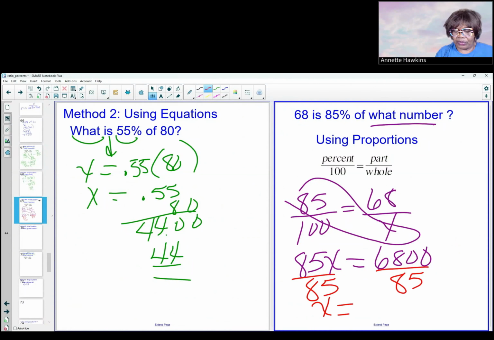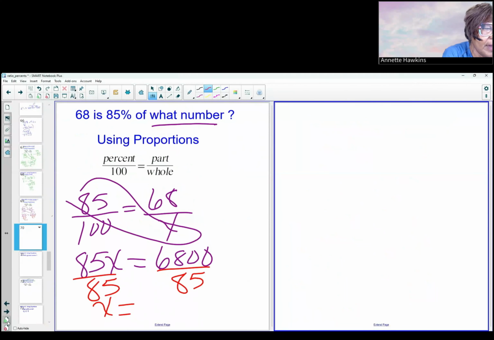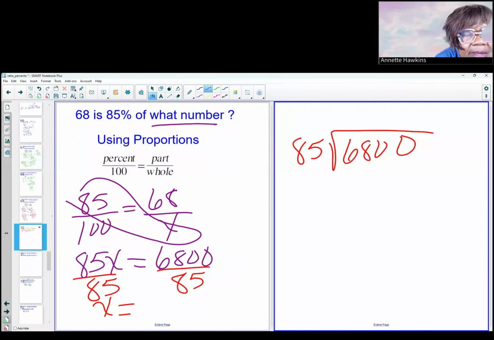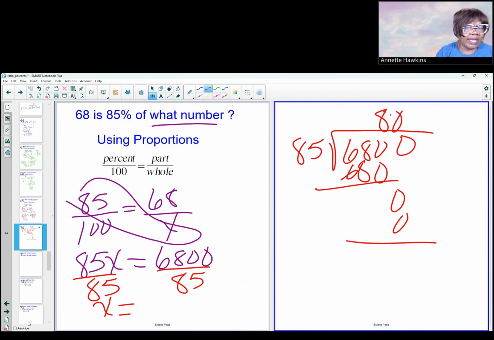X equals 85 into 6,800. Let's see, 8 times 5 is 40. 0, 4, 64, and 4 is 68. So we get 80.